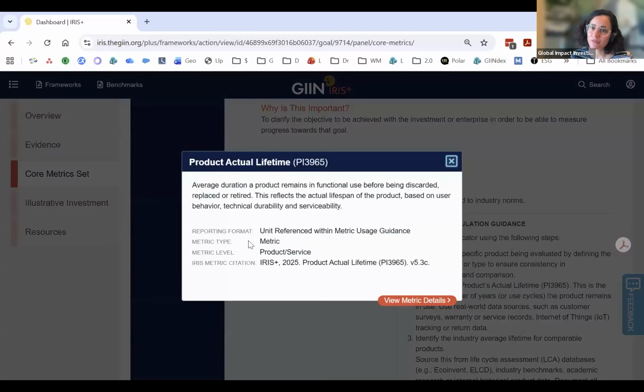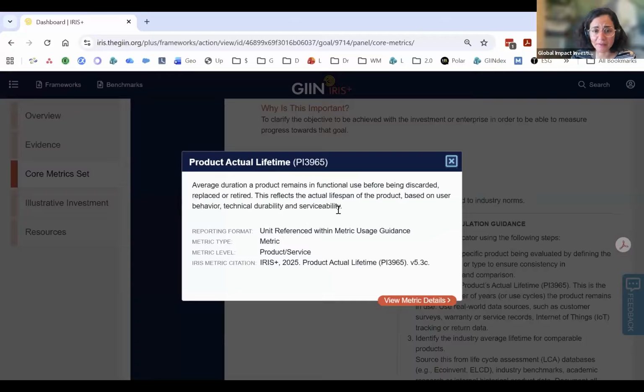Here, it's important to say the actual lifespan because it's not a design lifespan. It's not a lifespan that a designer thought, okay, these are the design features, and this will be the lifespan that this product will have given the design features. And then in use, there is a number of practical aspects that actually make the actual lifespan different than the design lifespan.